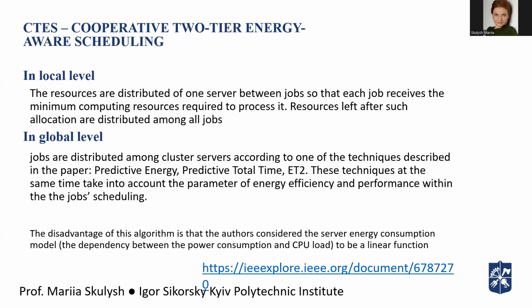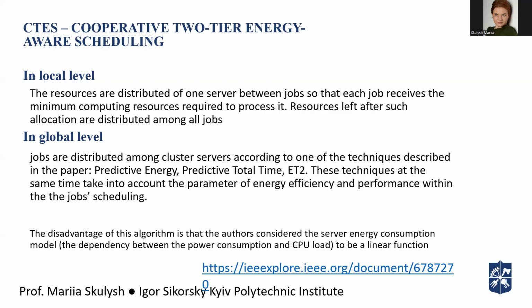Cooperative two-tier energy scheduling. At the local level, resources of one server are distributed between jobs so that each job receives the minimum computational resources required to process it. Resources left after such allocation are distributed among all jobs.